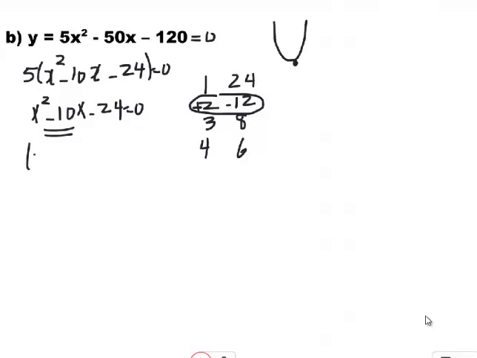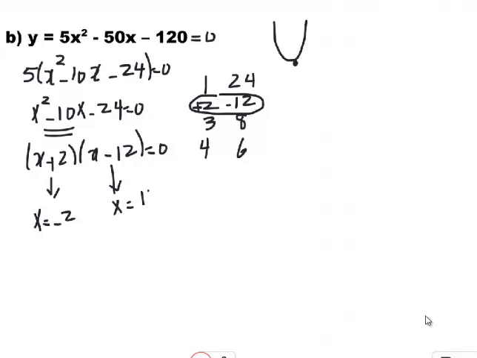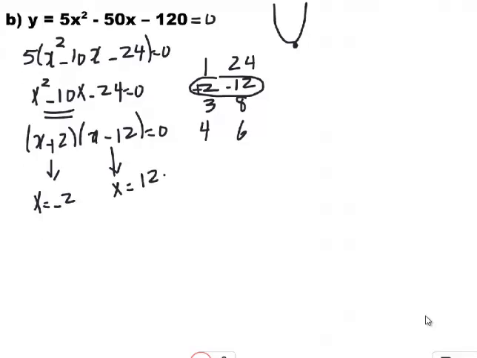So I can write this one as x plus 2 times x minus 12 equal to 0. The product is 0, so either this has to be 0, so x is negative 2, or this has to be 0, so x is equal to 12. Now to find the minimum value, I'm going to find the x-coordinate of the vertex, which is negative 2 plus 12 divided by 2, which is 10 divided by 2, which is 5.